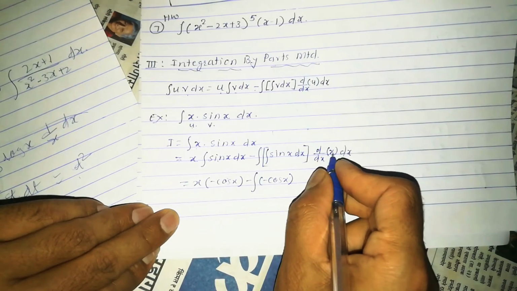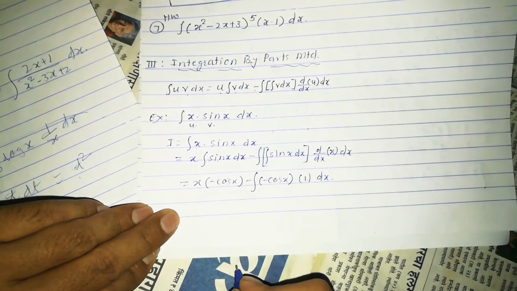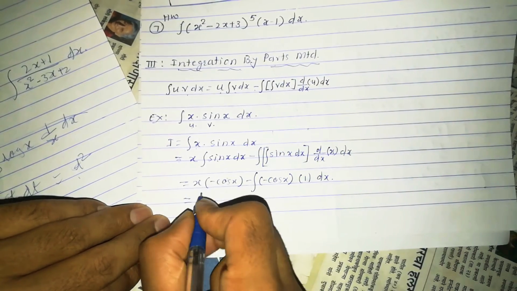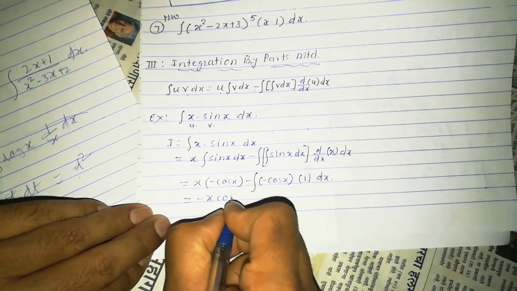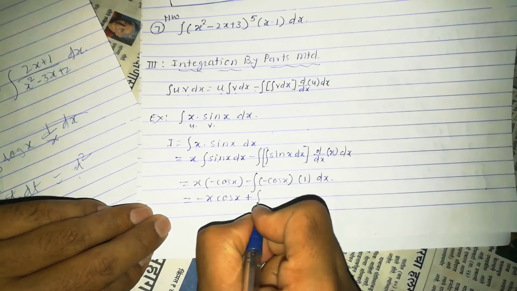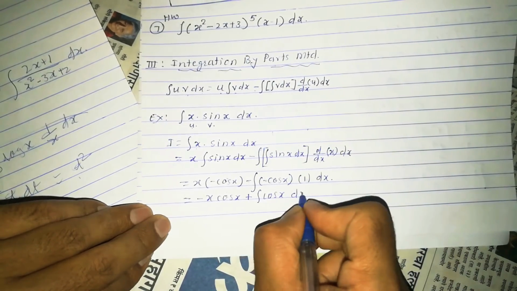And the derivative of x with respect to x is going to be 1, and that dx, right? Now further we can simplify this: x into minus cos x is minus x cos x, minus, and this minus will become plus, integration of cos x into 1, that is cos x dx.